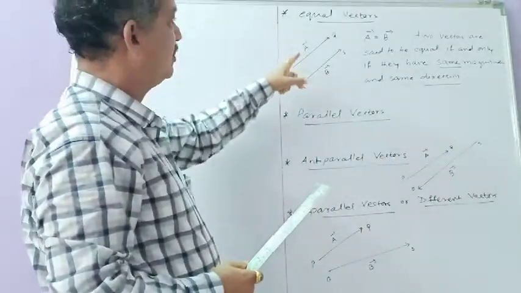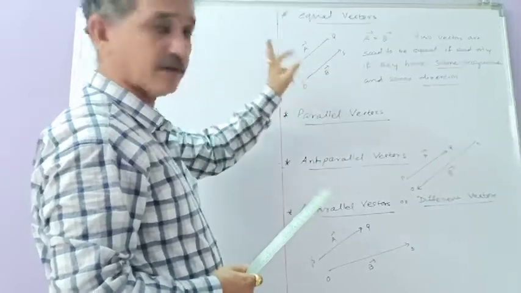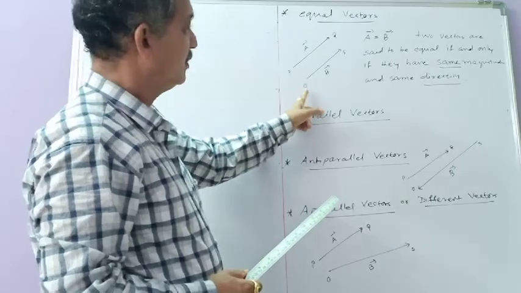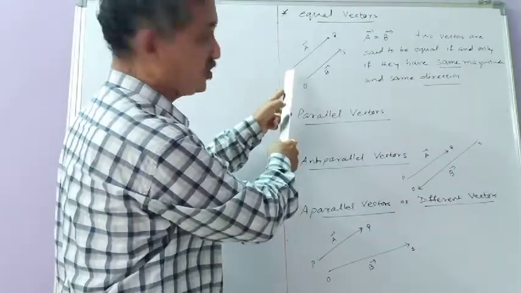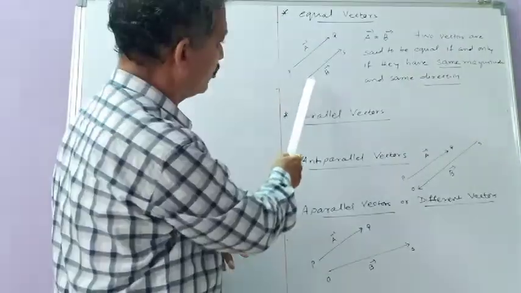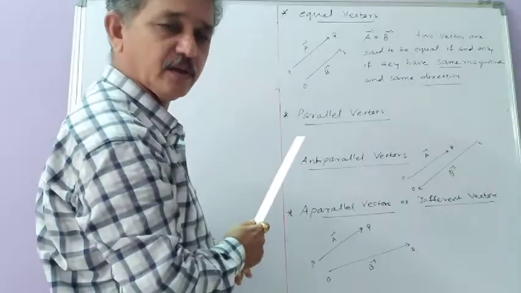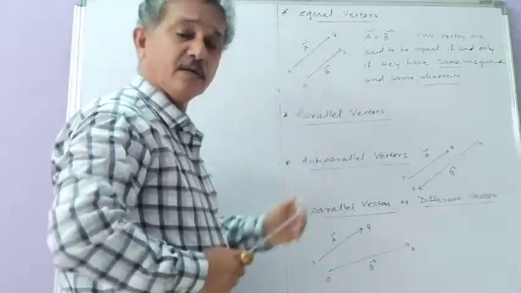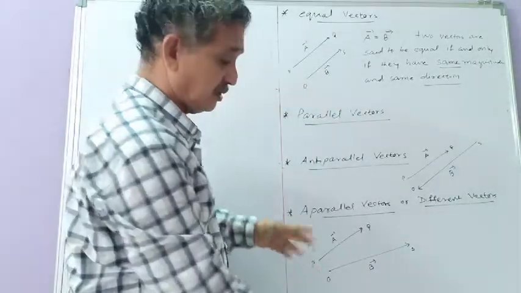in this diagram. One vector A denoted by vector PQ, another vector B denoted by vector OS. They have the same length, distance from P to Q equal to distance from O to S. So how can it be proved?